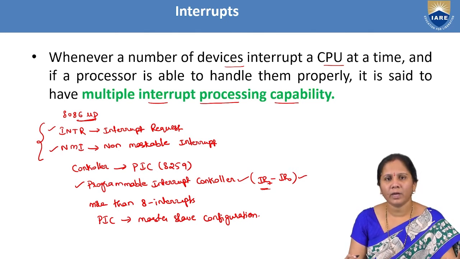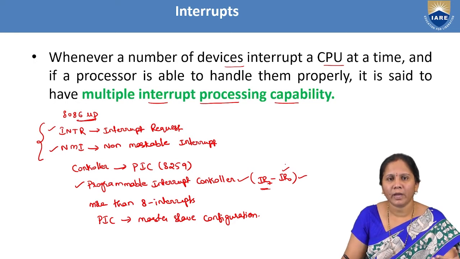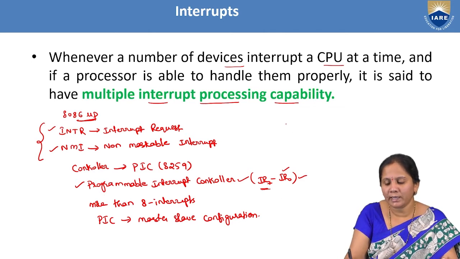Each interrupt request signal of the master IC is capable of handling one slave 8259 IC. Consider this one 8259 as a master.